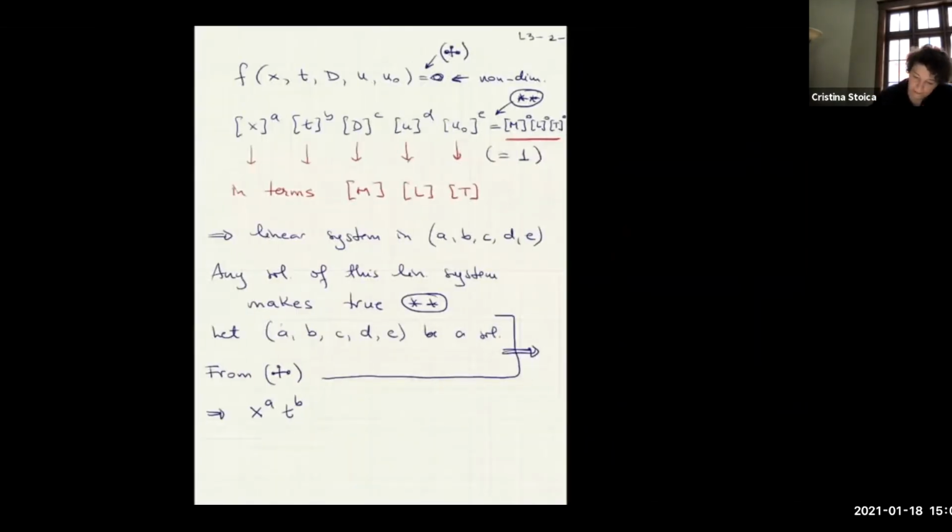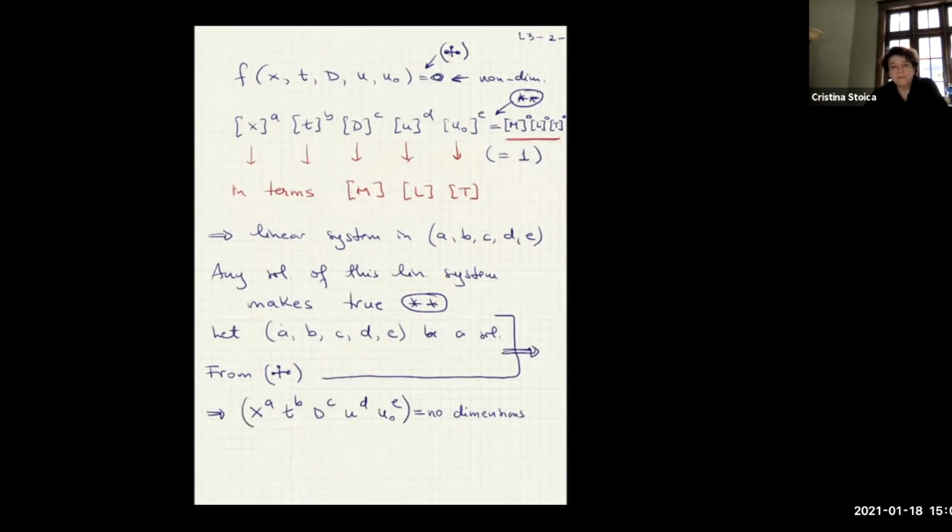D at C, U at D, U naught at E will become dimensionless. So we'll have no dimensions here.